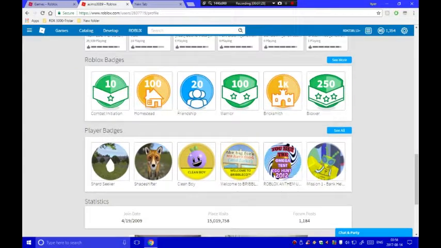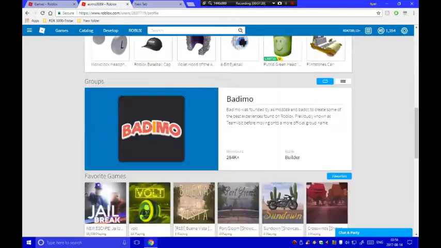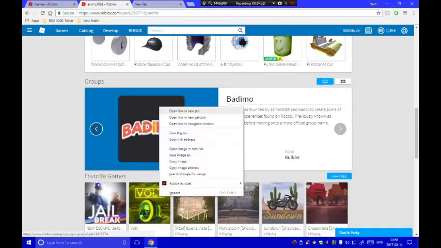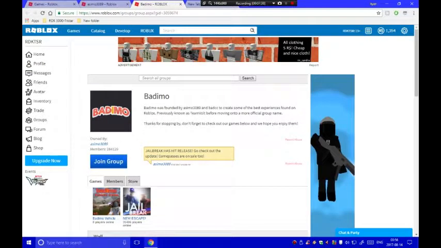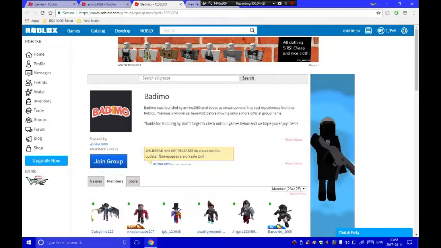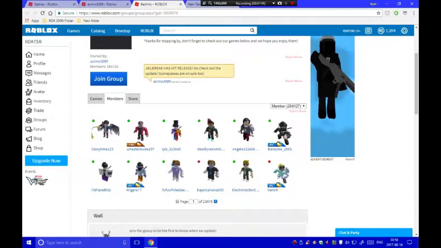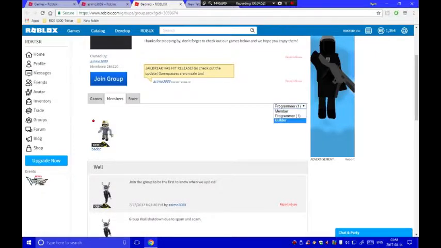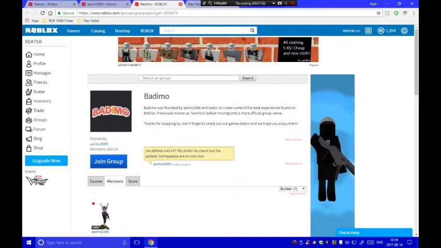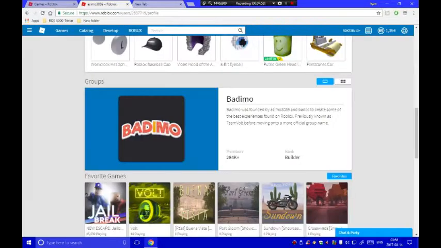The group of Dynamo consists of 24,129 members, and the majority of the members are builders. The programmer consists of 1. He is also the group owner.